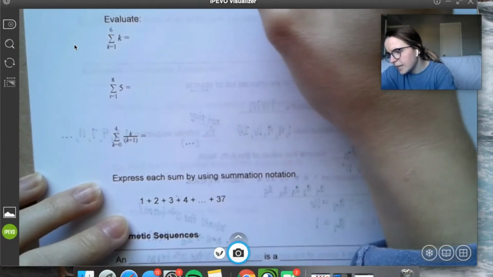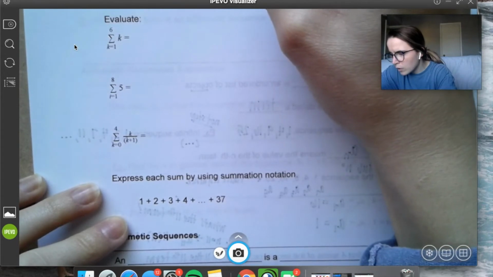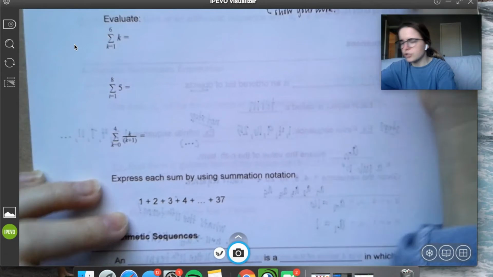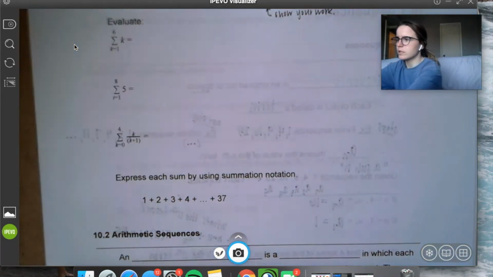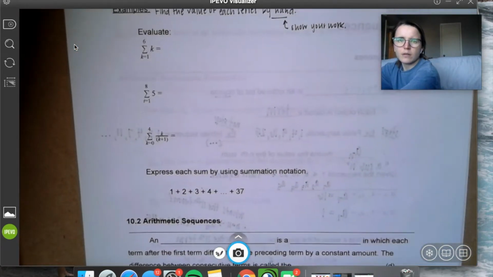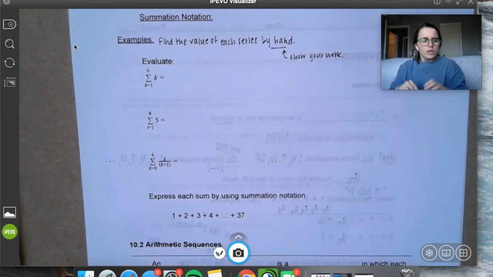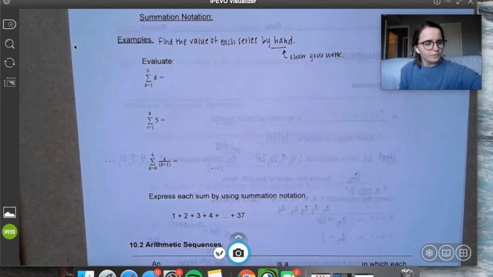So when it says by hand, that means show your work. And there will be times where you need to show your work as proof. Oh, and of course, you can't see the directions. Zoom out a little bit. There we go.